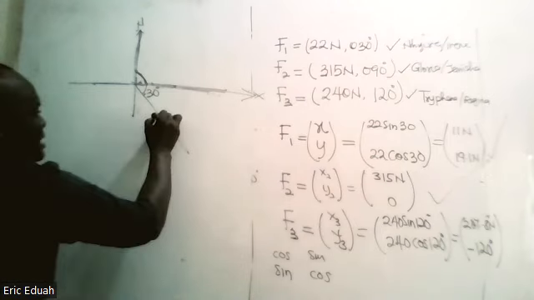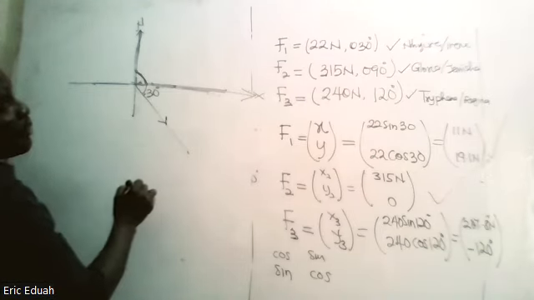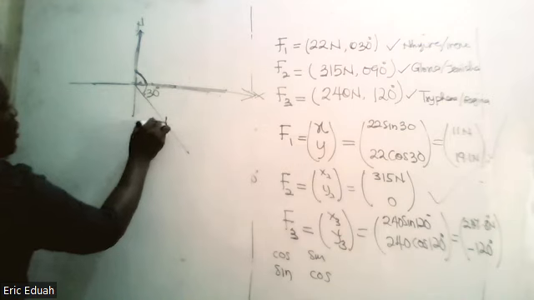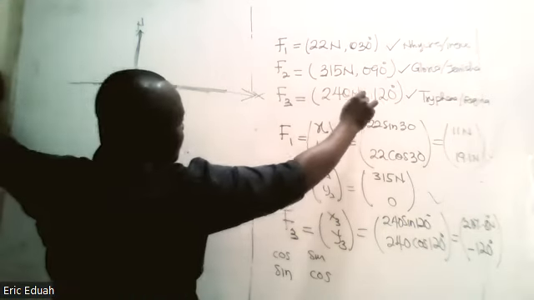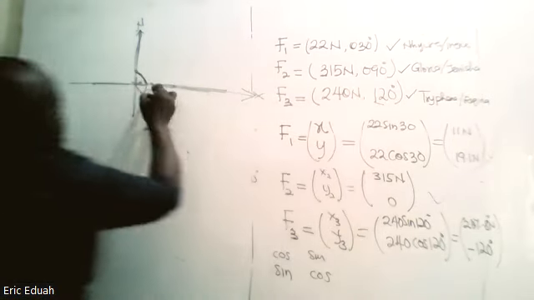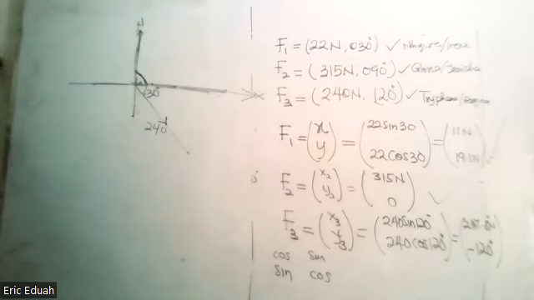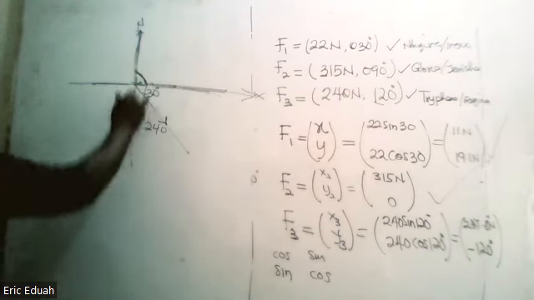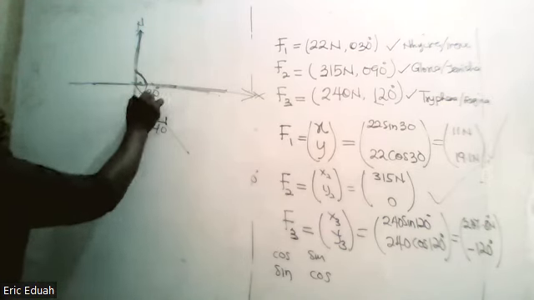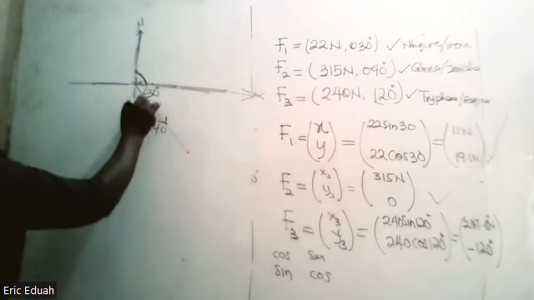So this is 240. It means that the corresponding acute angle is the 30 degrees we are considering, and that's the angle it makes with the x-axis. Of course, if we consider the angle it makes with the y-axis, this becomes 60.